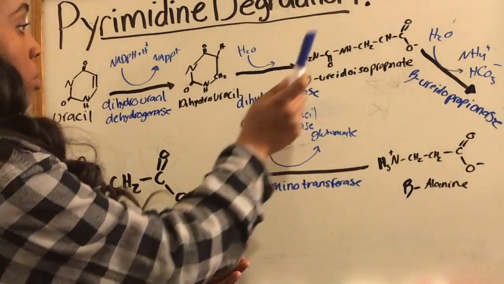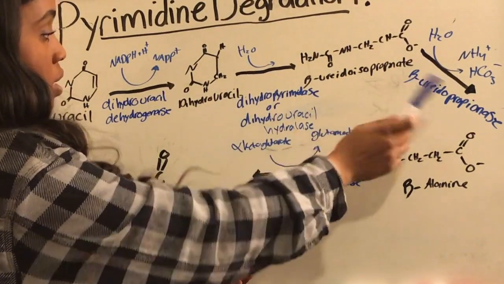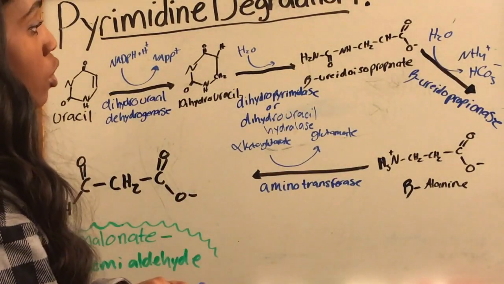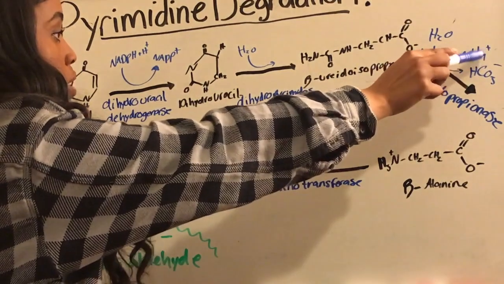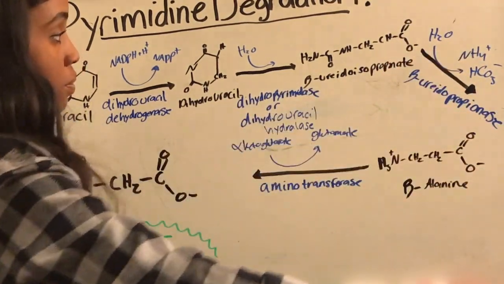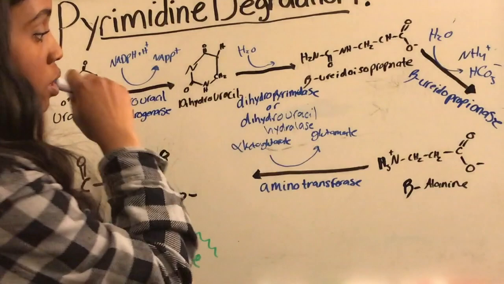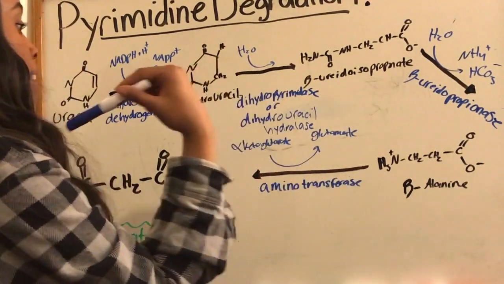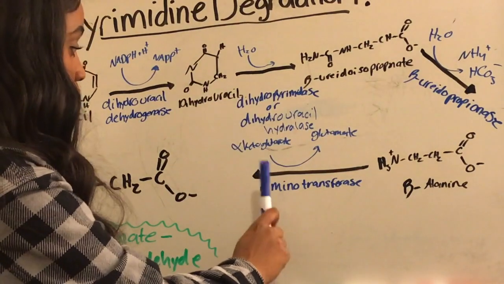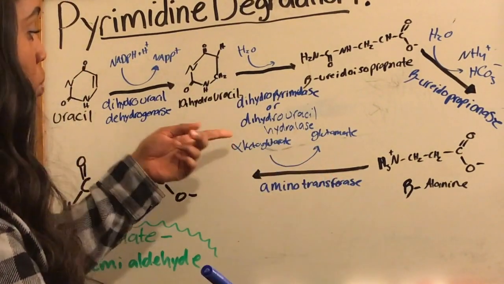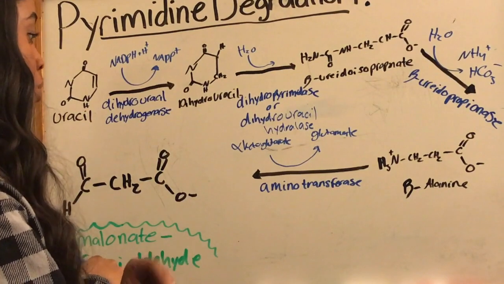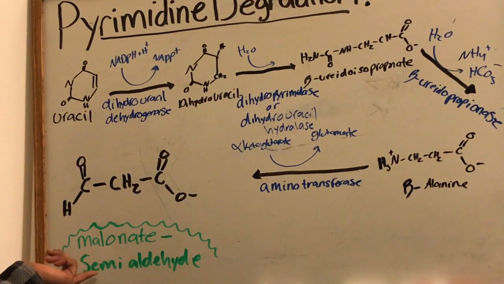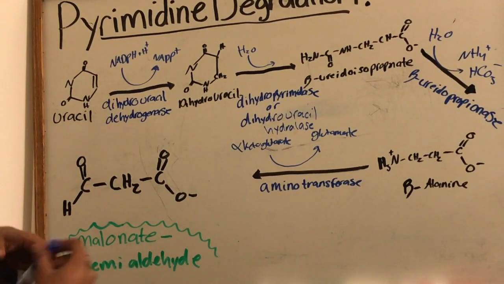And then we're still going to be using this enzyme, beta-ureidopropionase, that is going to take off this ammonium and bicarbonate group in the presence of water, and then we're going to form beta-alanine. And once again, aminotransferase coupled with the transamination of alpha-ketoglutarate is going to give us our product, malonate semialdehyde.